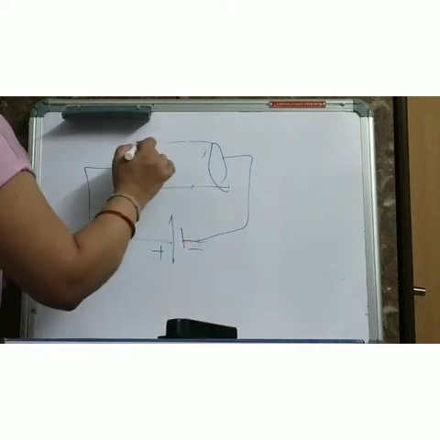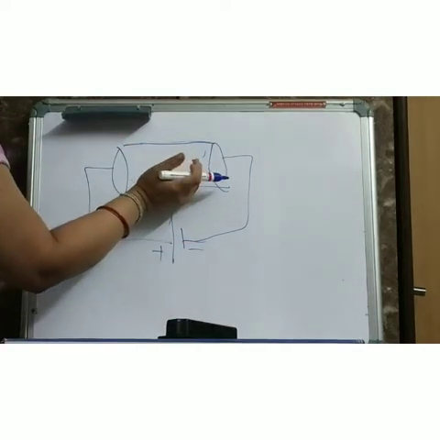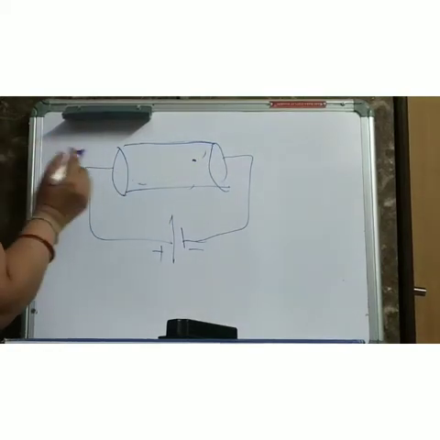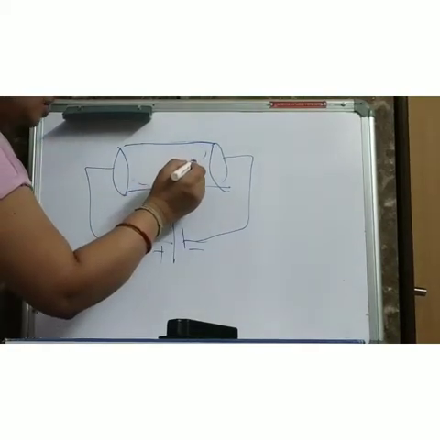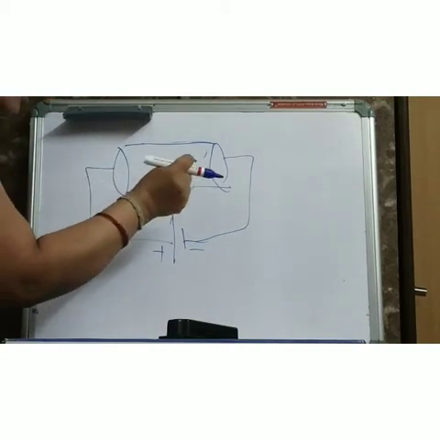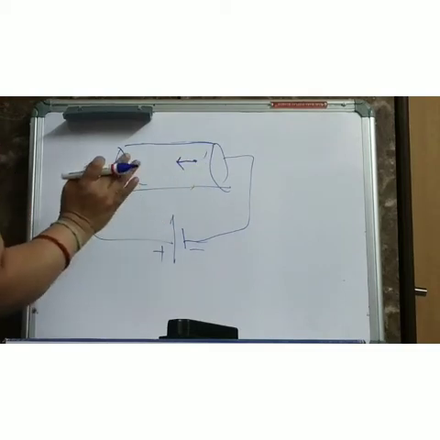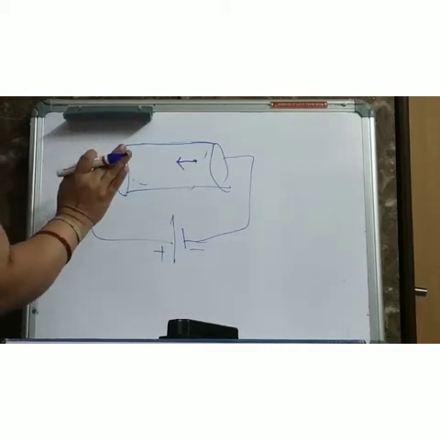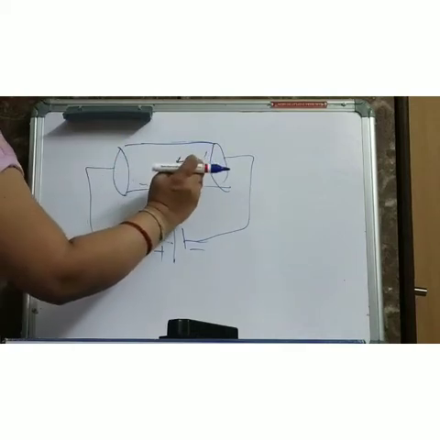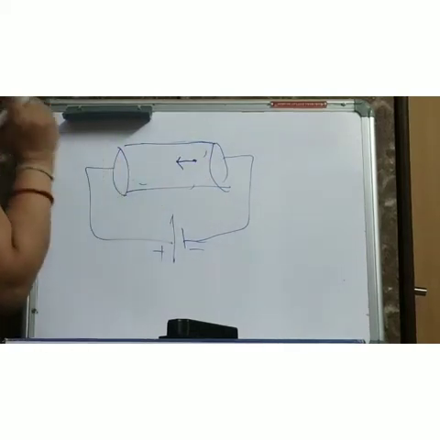Actually, these electrons will start drifting. Drifting means there are so many obstacles, and this electron is trying to get its path while covering the distance from here to here.